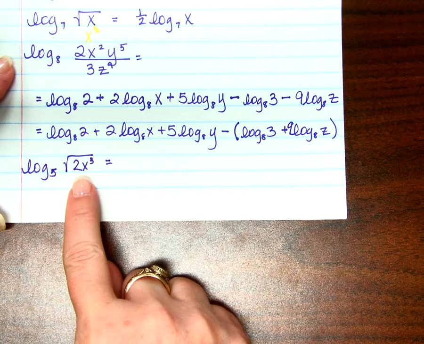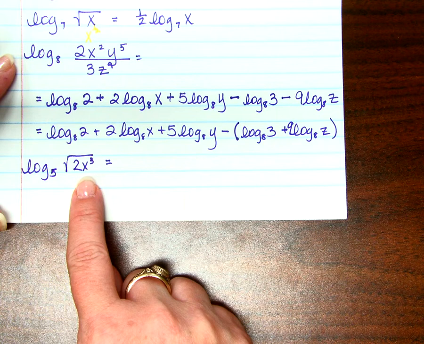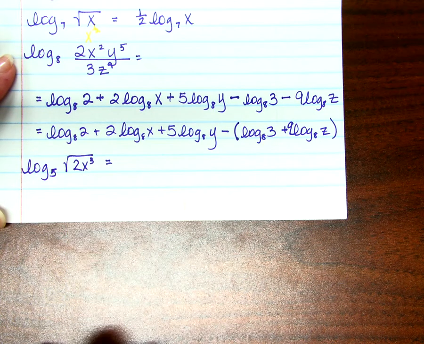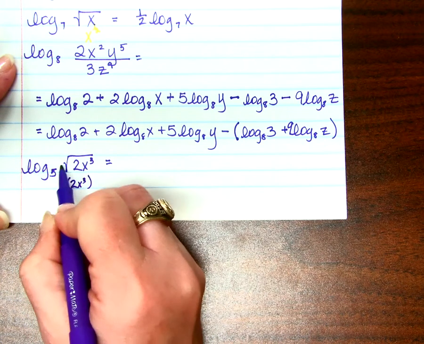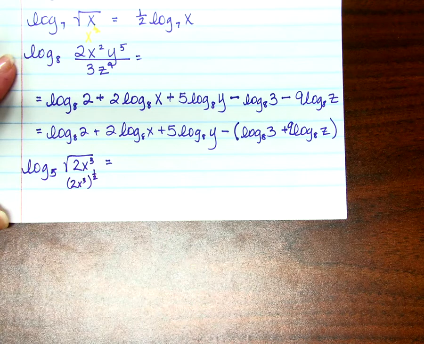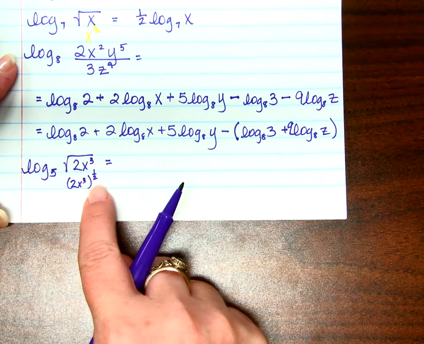What is this the same as? 2x to the third raised to what power? 1/2, right? So how are we going to expand it? What happens to the 1/2?